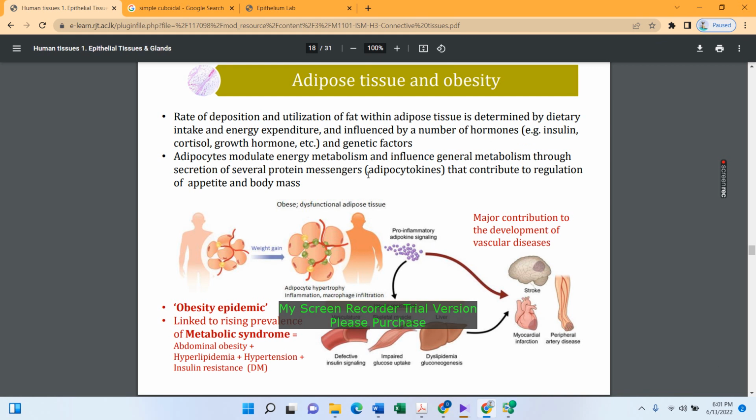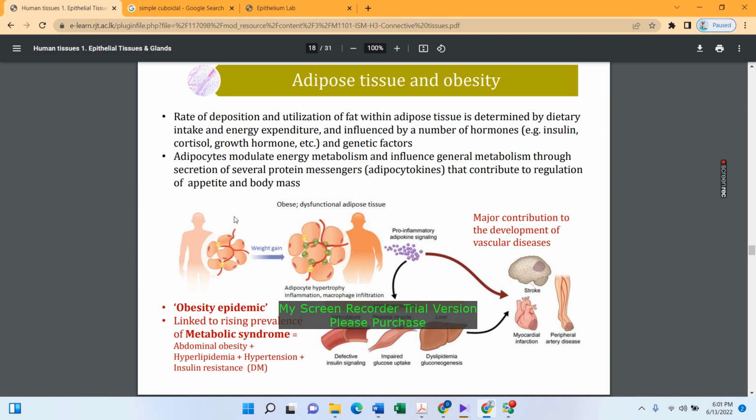They are called adipocytokines that regulate appetite and body mass. So appetite and body mass is actually decided by these adipocytokines, which are protein messengers that influence general metabolism.